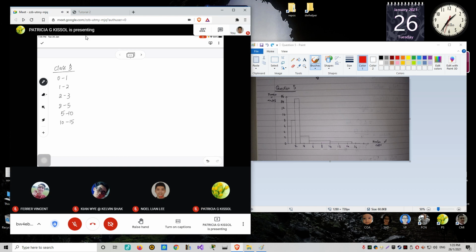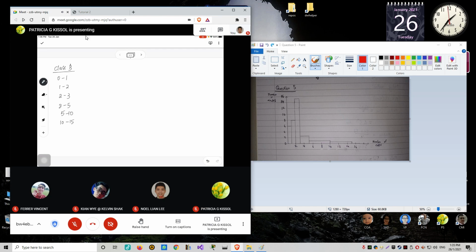That is expected of you to do also in exam. That means you must show your table so that it's clear for you to do the calculation.